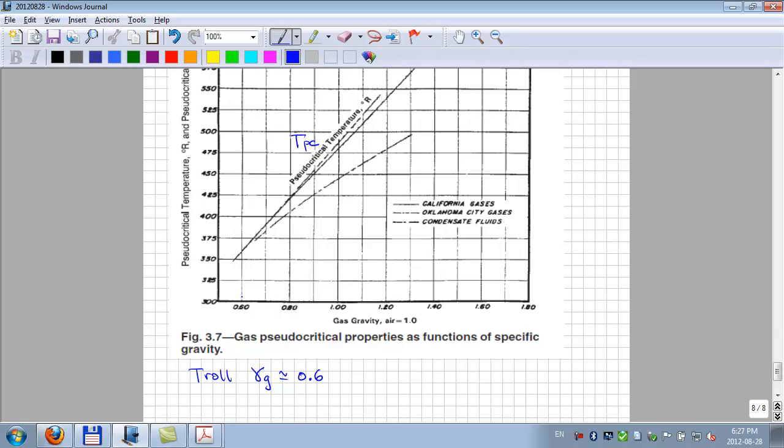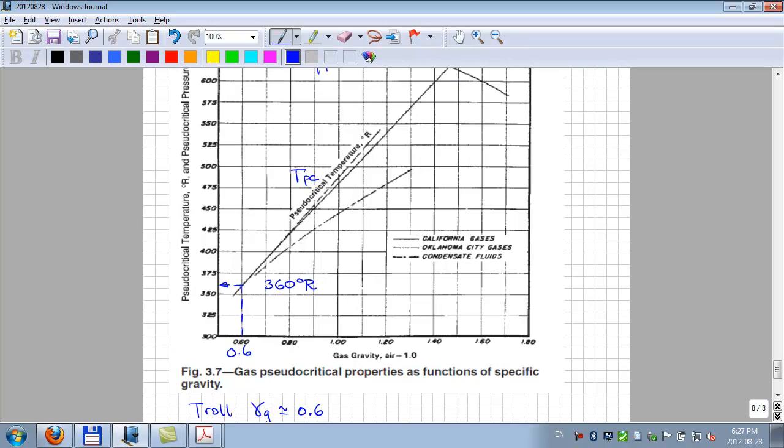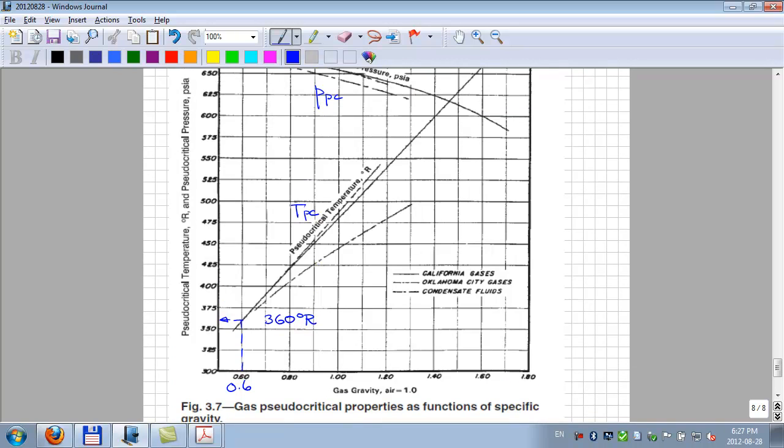So we go in, this is 0.6 here. There's an equation for this as well, but in the book we'll just read that value there. 360 degrees Rankine for TPC.